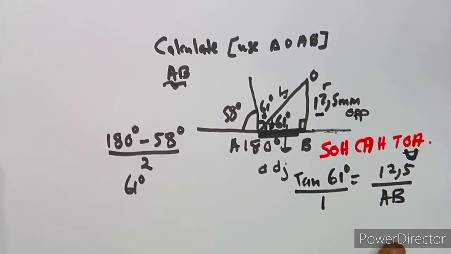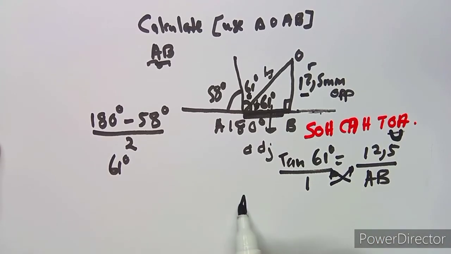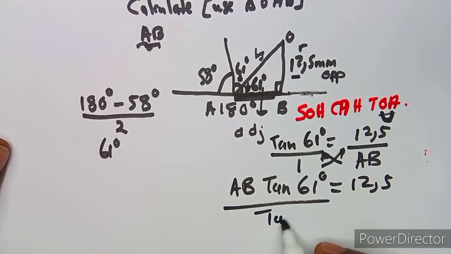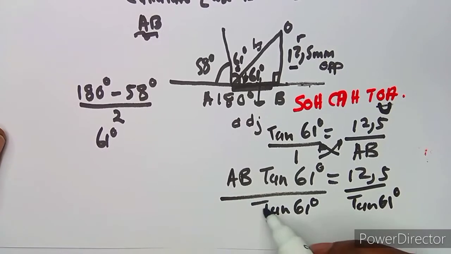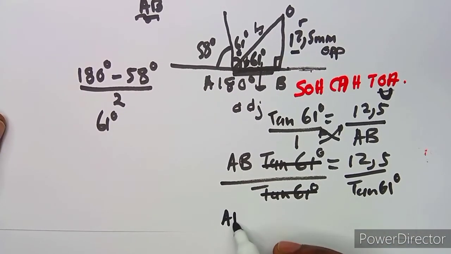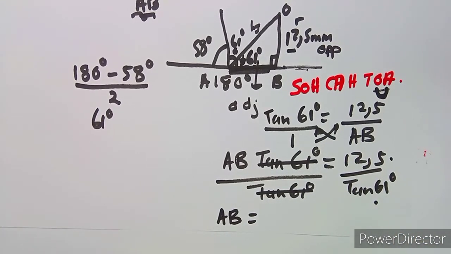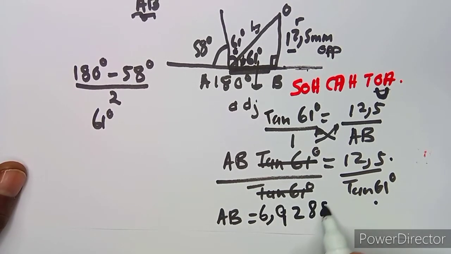So over 1, we are able to calculate AB at this moment, because we can cross multiply, and that is going to be AB tan 61 degrees is equal to 12.5, like this. So to find AB, we have to divide by tan 61 degrees on both sides. So actually this is going to cancel. That's our AB is going to be 12.5 divided by tan 61, which is going to give us something like 6.9288631, something like that.